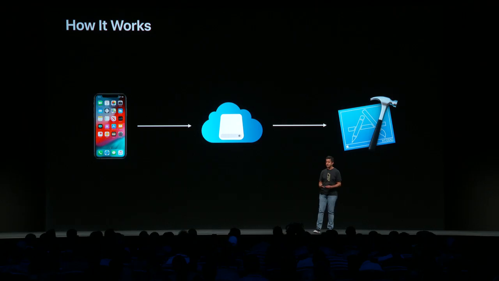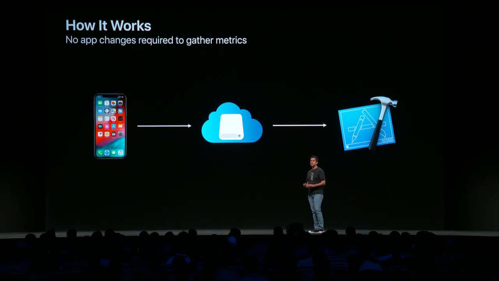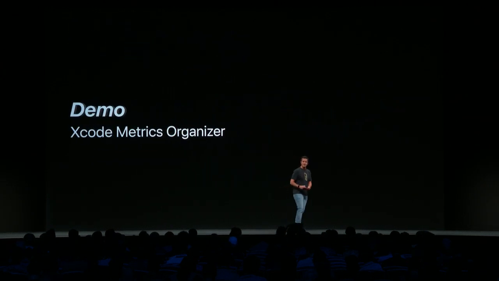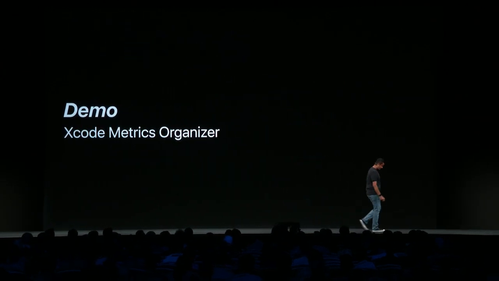Please note that insights only show up in Metrics Organizer if there is enough usage of your app that meets our threshold. All of this is available out of the box with no changes to your app or your development process and is available for you today. Now, without further ado, let's jump into the demo.